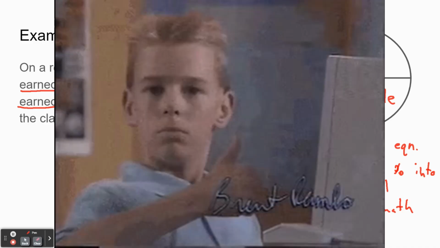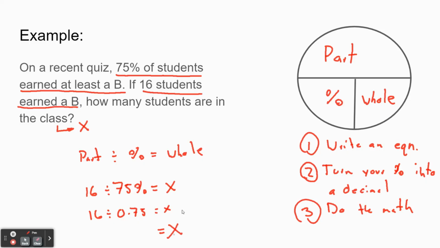Here you'd technically have to do some long division, but just to save some time, we're going to say that 16 divided by 0.75 is 21.3 repeating. You can't have a third of a student, though, so we're going to say we have about 21 students in this class.